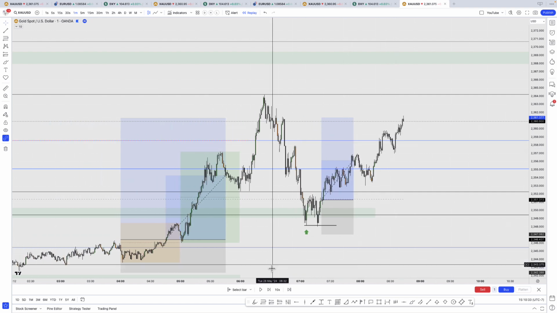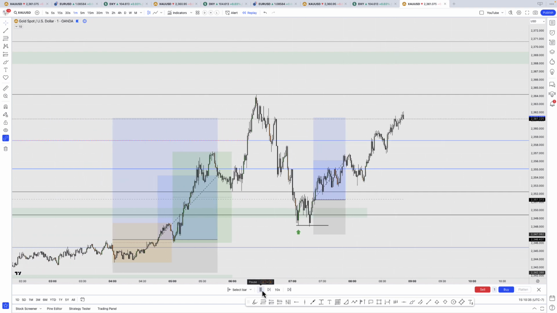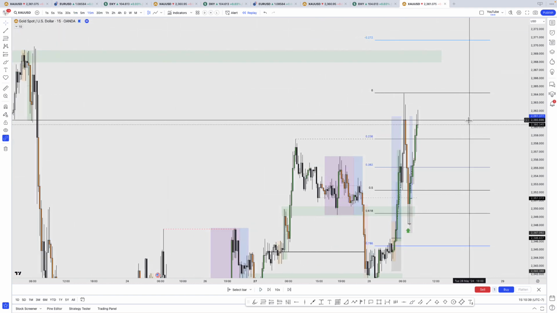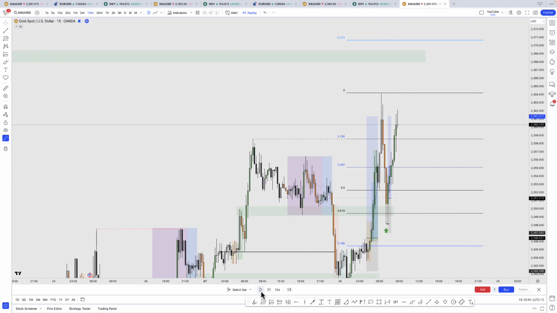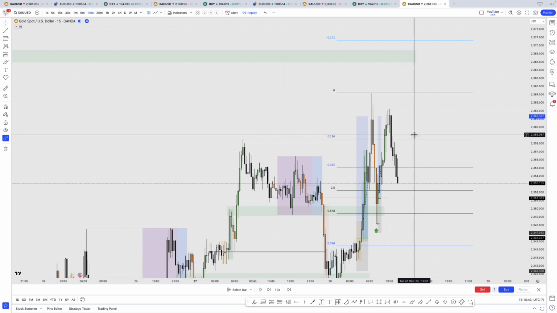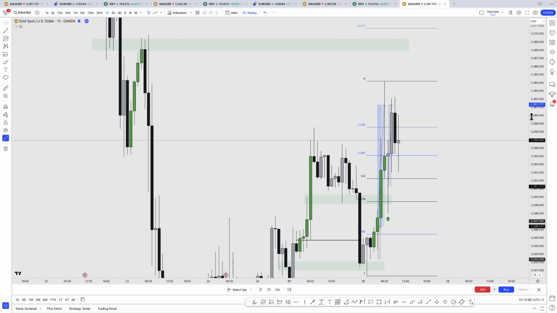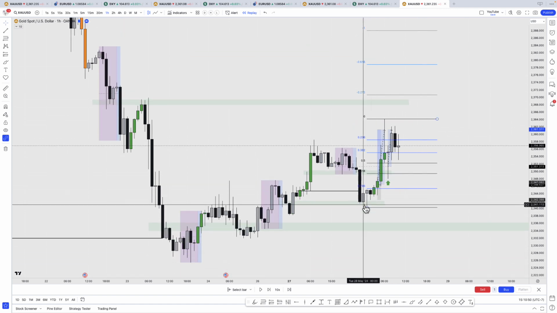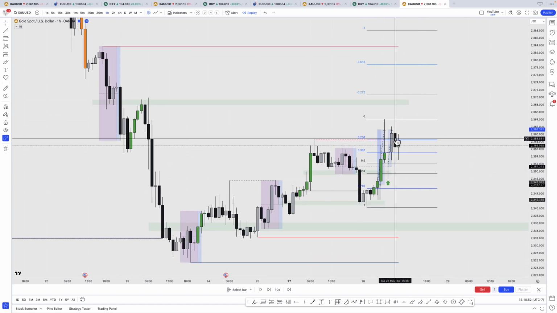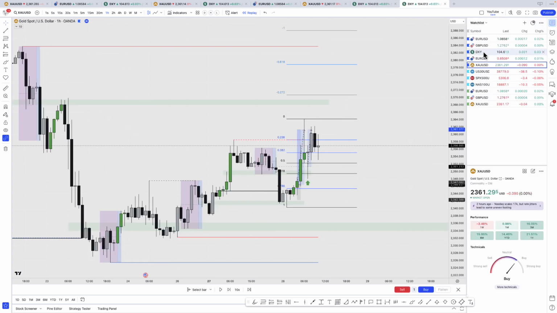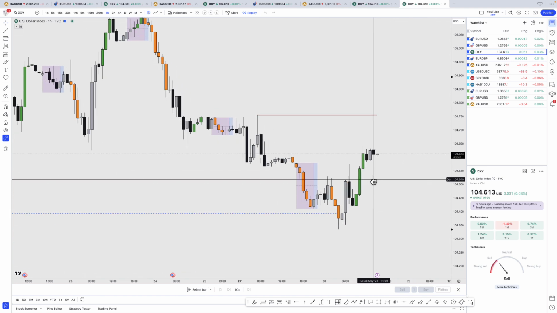And the reason I ended up closing these out is, I'll show you guys. One, we're heading towards the end of New York. Two, you can kind of, so I'll show you guys this. So you see how gold is pushing up. So in a perfect world, we want to see DXY pushing down.